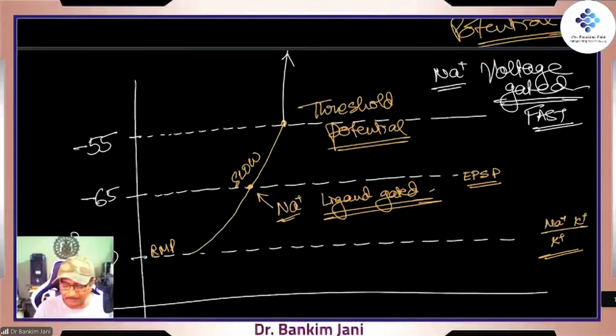The function of ligand gated sodium channels is to take it to the threshold level, and then they do their job. From here, it is the voltage gated sodium channels, and they will go all the way up. Is this part clear? So the game of sodium, slow sodium and the fast sodium.